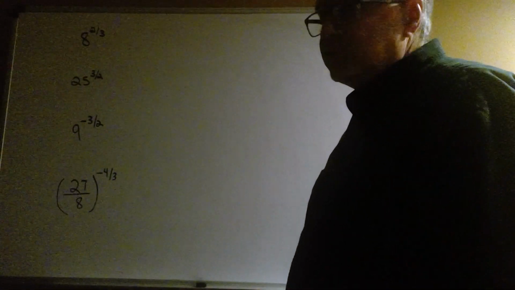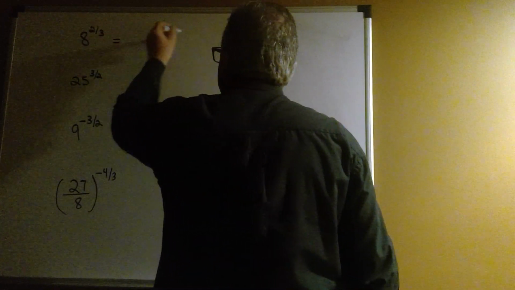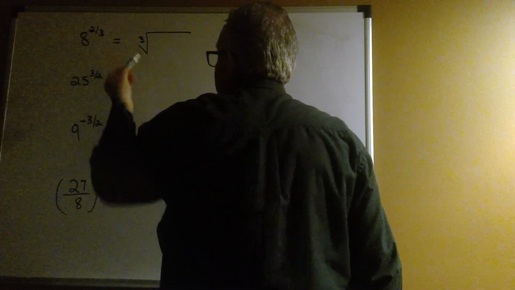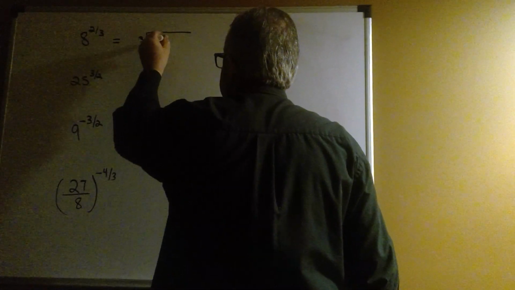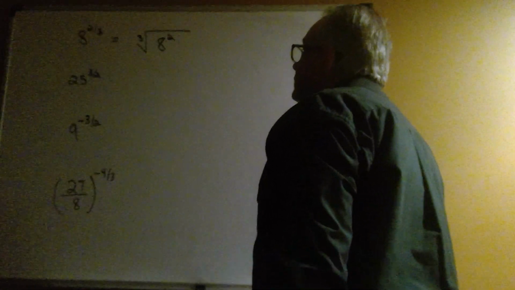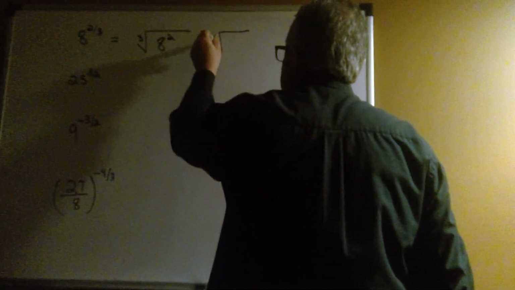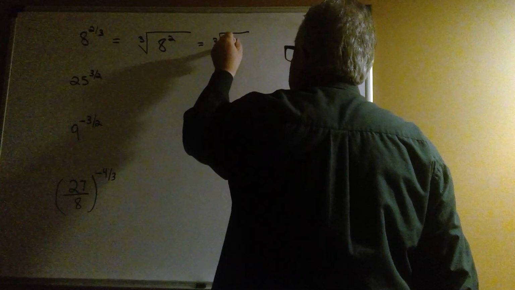8 to the 2/3 power. So what does this mean? This means I'm going to have a radical with an index of 3. That's my denominator again. And then inside I'm going to have 8 squared. 8 squared is 64. So I could say, what's the cube root of 64?